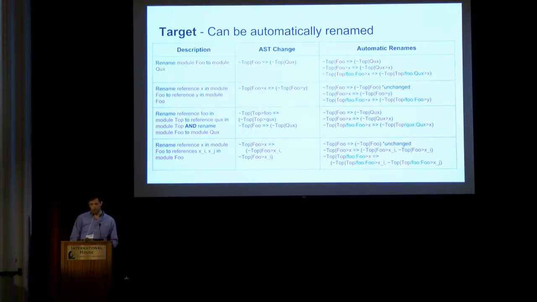So if you were targeting the module foo, it can correctly be renamed. If you were targeting a reference inside of foo, that'll automatically be renamed to a reference inside of cux, and so forth. Okay, all of this is done for you. So you get this very robust annotation API and mechanism to preserve your information and what it targets throughout arbitrary transformations to your FIRRTL circuit.